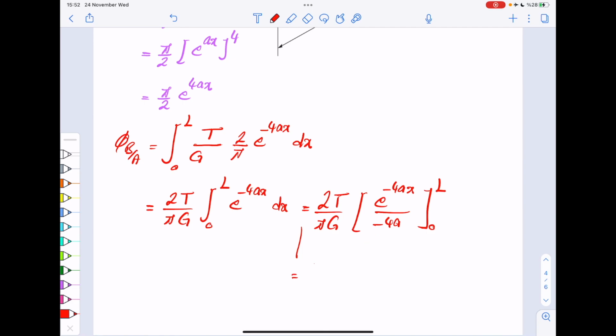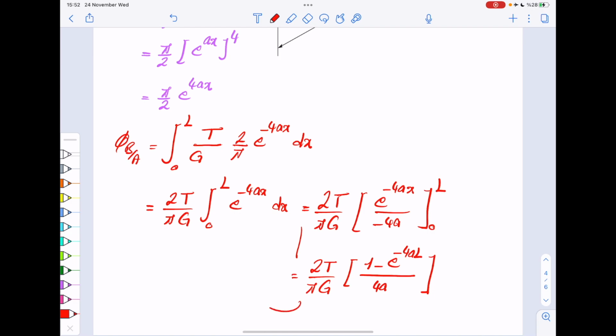So you get this 2T divided by pi G, that's the coefficient we had, times 1 minus e to the power minus 4aL divided by 4a. So I am missing that minus now, and that's it, basically.